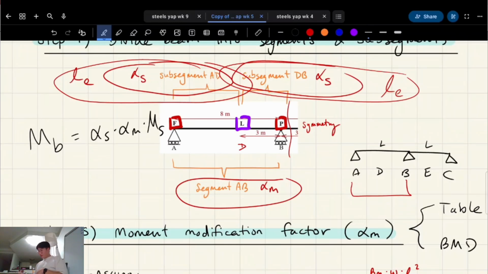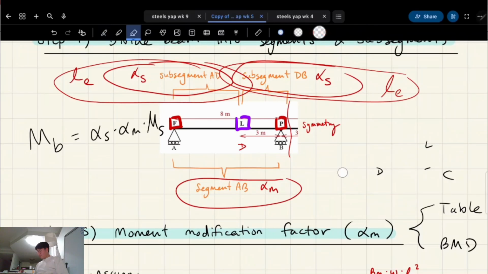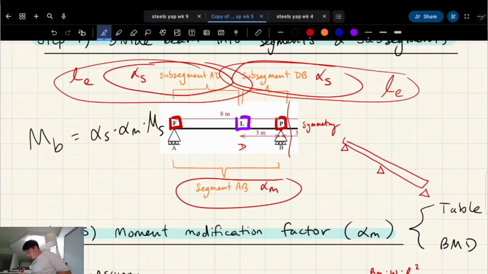Think about it in 3D. Yeah, 2, okay. The lateral restraint actually restrains it. Okay, this is Euler buckling. It's hard to draw what I actually want to draw, which is lateral torsional buckling, right?